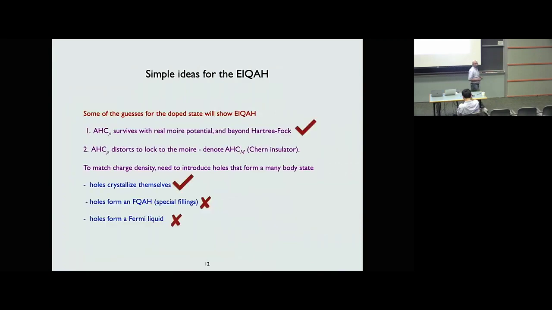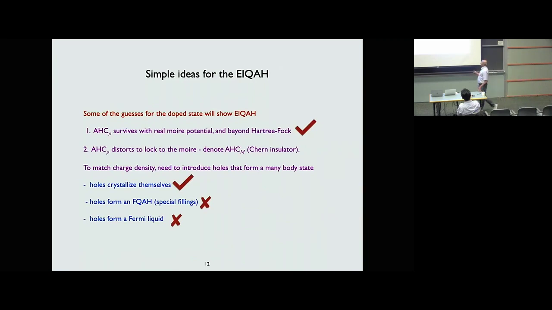Okay, so now let's go back to our theory guesses and see which amongst the naive guesses we had are states that can fit the bill, right? The first candidate that I talked about, this AHC rho, which somehow has survived beyond Hartree-Fock and beyond no Moiré, in the presence of some impurities will be a pinned state, and that will have an integer quantum Hall effect at any density.